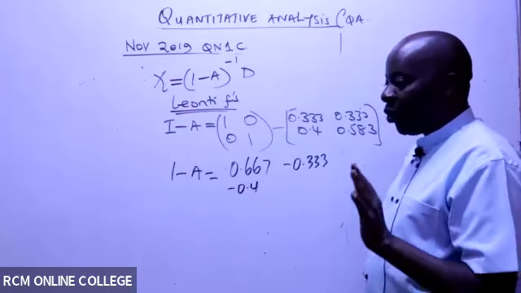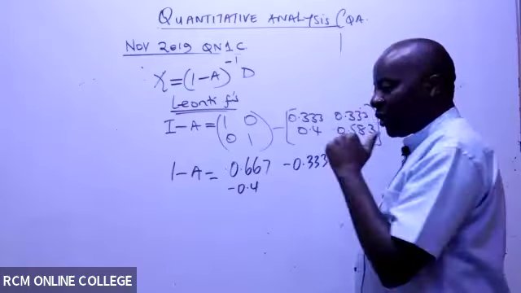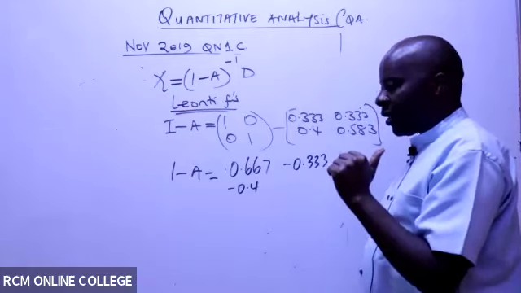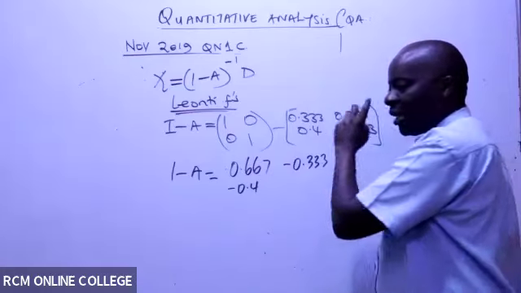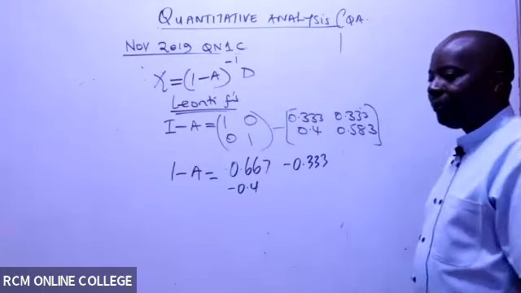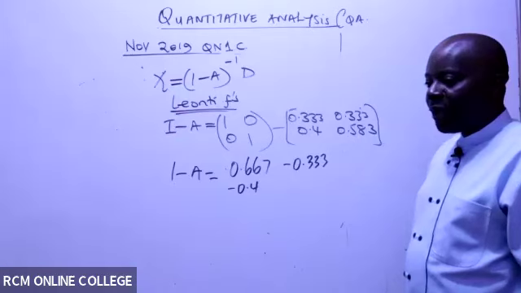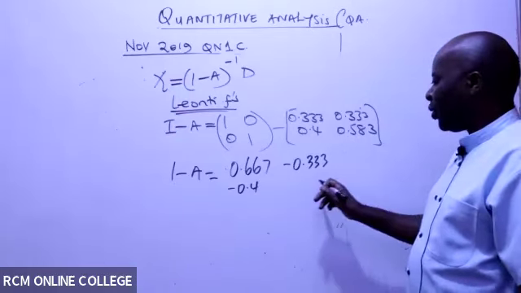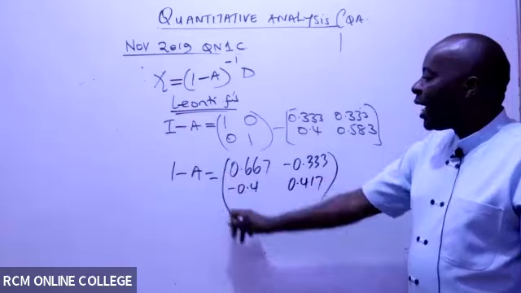Use your calculator always. And then the last one is this minus this; 1 minus this gives us what answer? 0.417. Thank you very much. So that is I minus A.